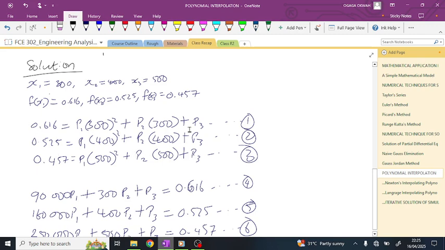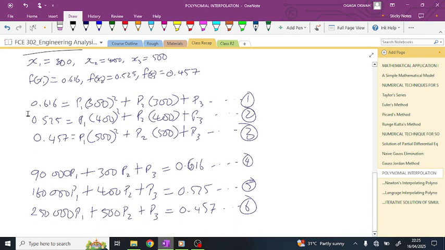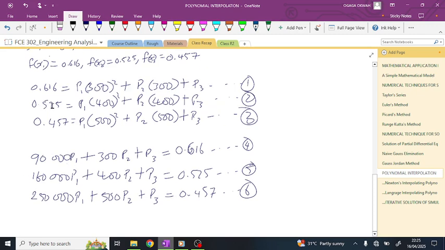So from the first equation we just reverse this, take this one to the other side, meaning have it here, and then this raised to power 2 is 90,000 p1, 300 p2, and p3, just like that. Same to this, cross over, and square this, get this. And this crosses over this way, squared, get this.